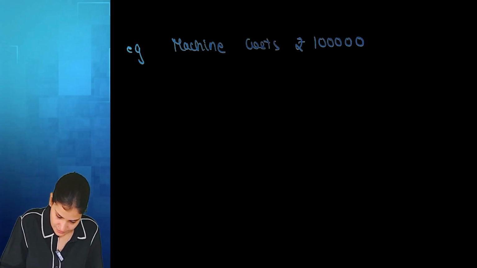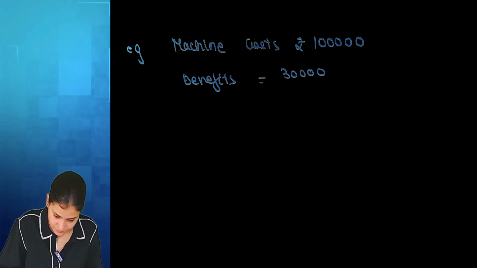Now another concept. We use this concept, I just did not use the term. When we are talking about investment, for example, a machine costs rupees 1 lakh and benefits are 30,000 for 5 years.